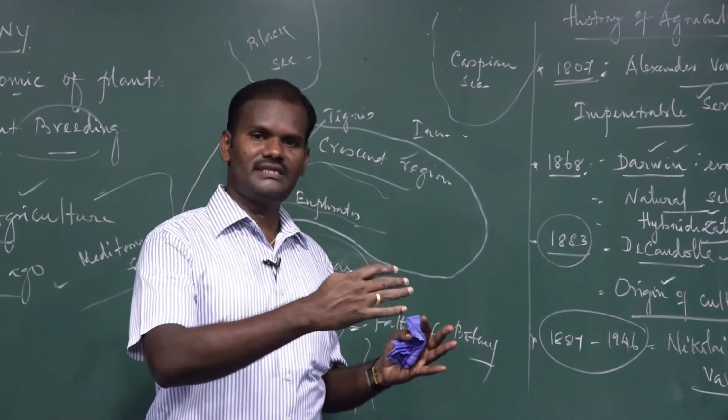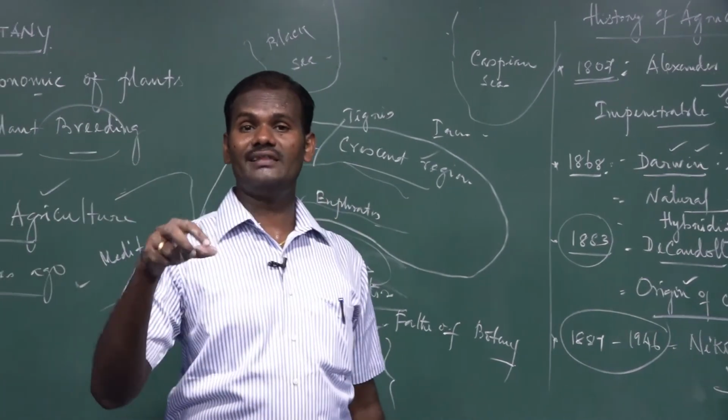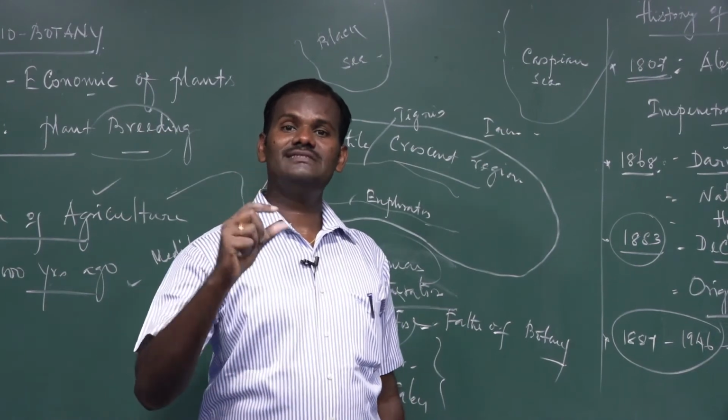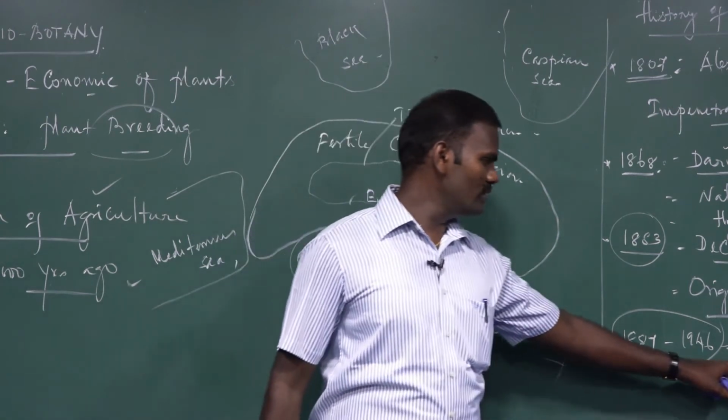He identified certain areas, certain centers, where plant species originated. He proposed 11 centers of origin of plant species. Who initially proposed them?